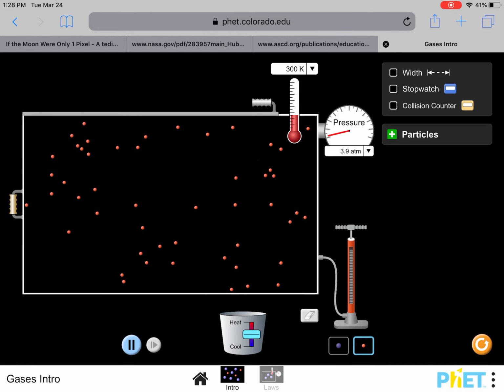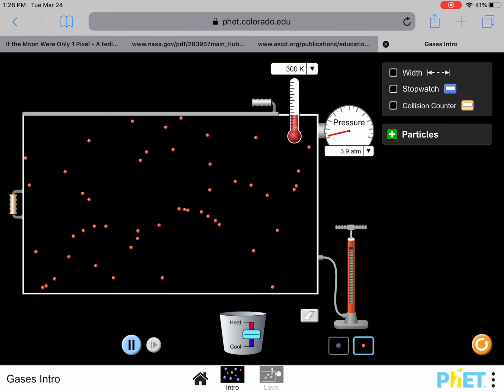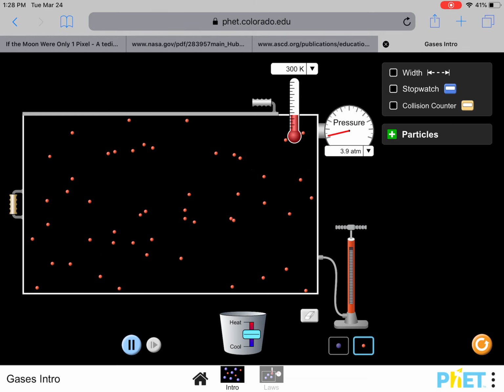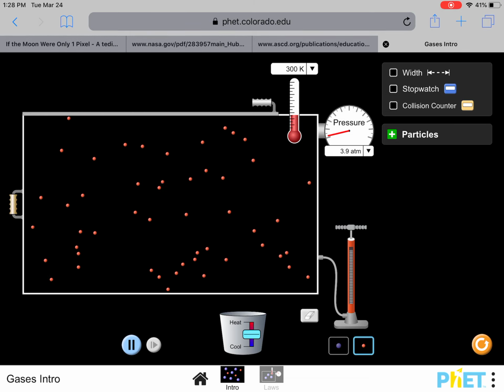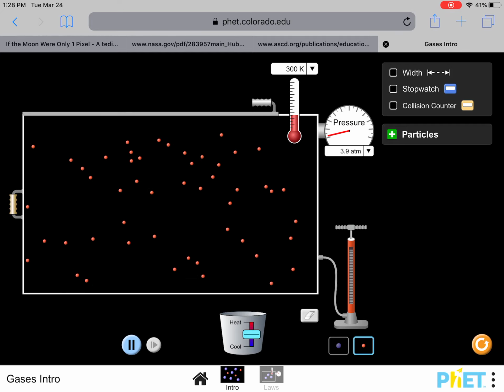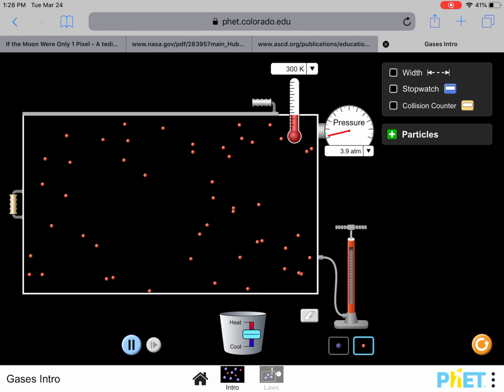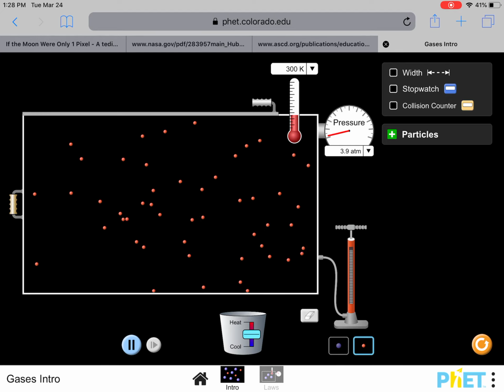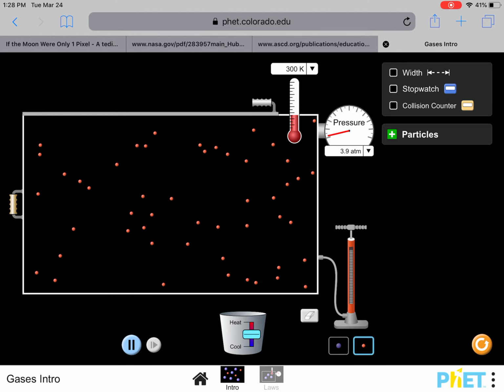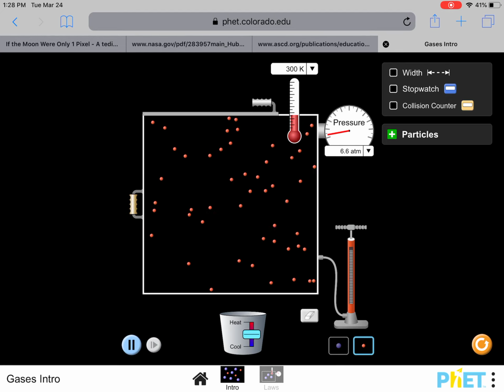The gas is still flowing at the same speed. The temperature has not changed, but because of the greater amount of space the gas has to move, it doesn't hit the walls of the container as often, and therefore the pressure is lower.